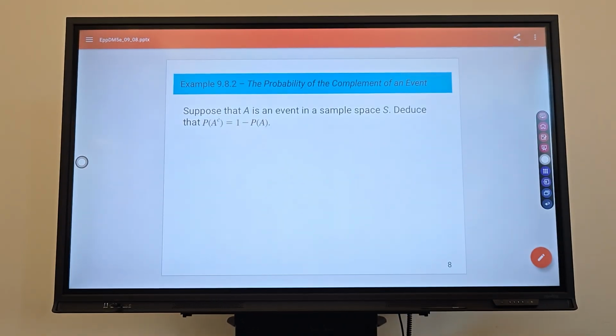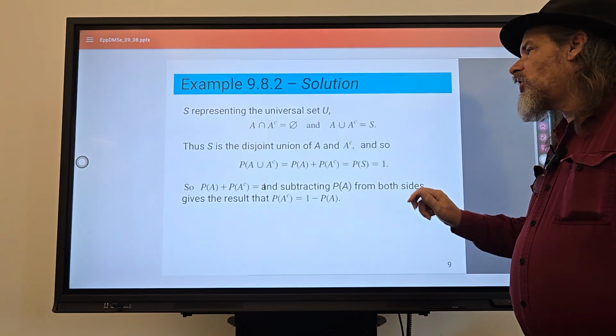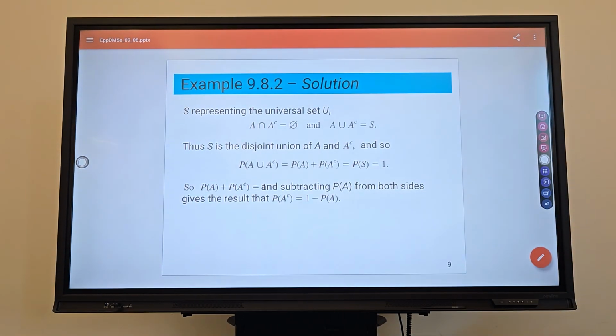So suppose that A is an event in a sample space S. Deduce that the probability of the complement of A is equal to 1 minus the probability of A. S represents the universal set U. A intersected with the complement of A is null, and A union A complement is S. Thus, S is the disjoint union of A and A complement.